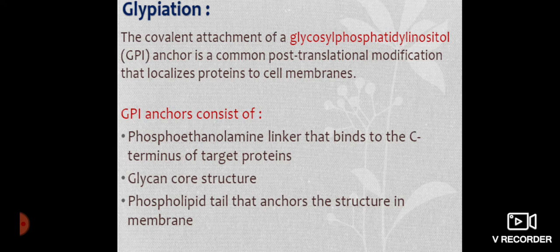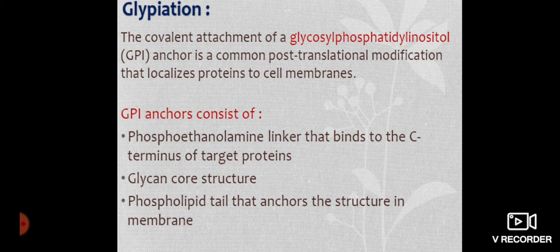The next type of glycosylation is glycation. This glycation is the formation of GPI, which I spoke about earlier, the glycosyl phosphatidylinositol. In this glycation there will be linking of the sugar, and the sugar is going to act as a link between the protein and what we call lipids.